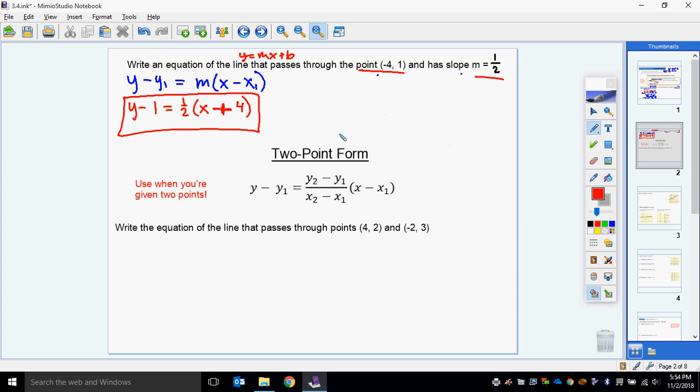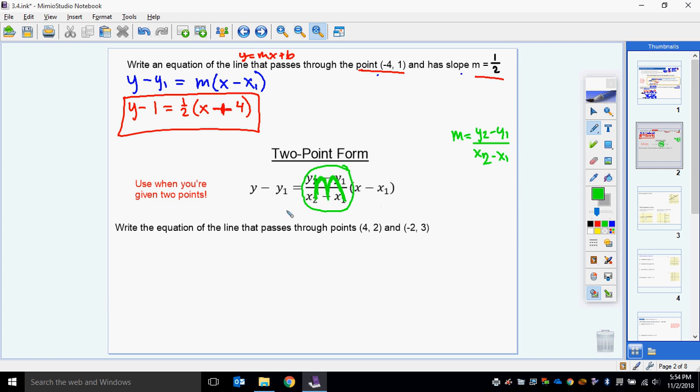Okay, another form that we have is called two-point form. And one thing I want you to notice is this section right here in green. y2 minus y1 over x2 minus x1. That looks awfully familiar. And in fact, it's the formula to find slope. So this green circle right here just stands for m, the slope.